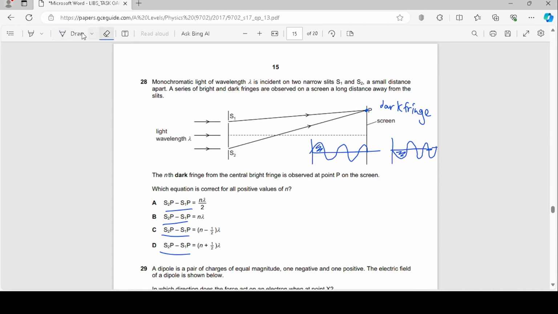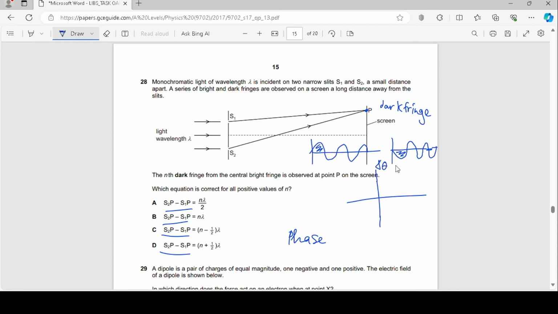If you look at a unit circle, what that means is that the phase difference, i.e. the angle difference that they have, delta theta, is going to be pi.